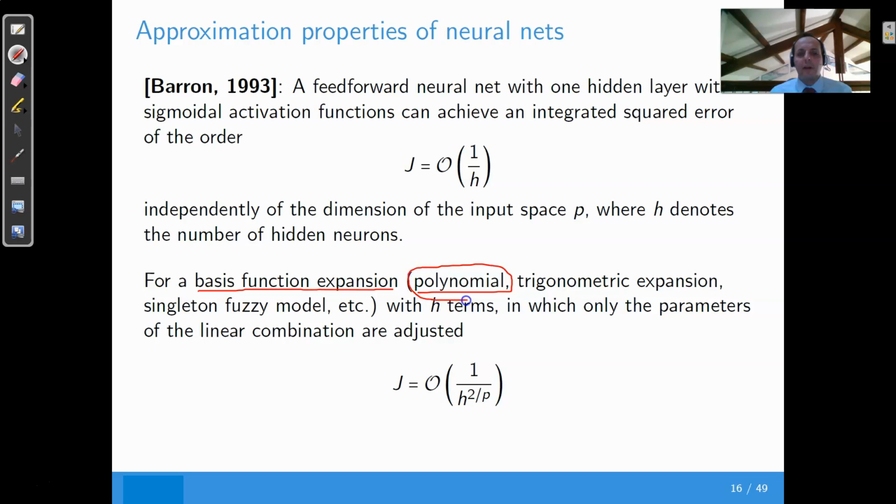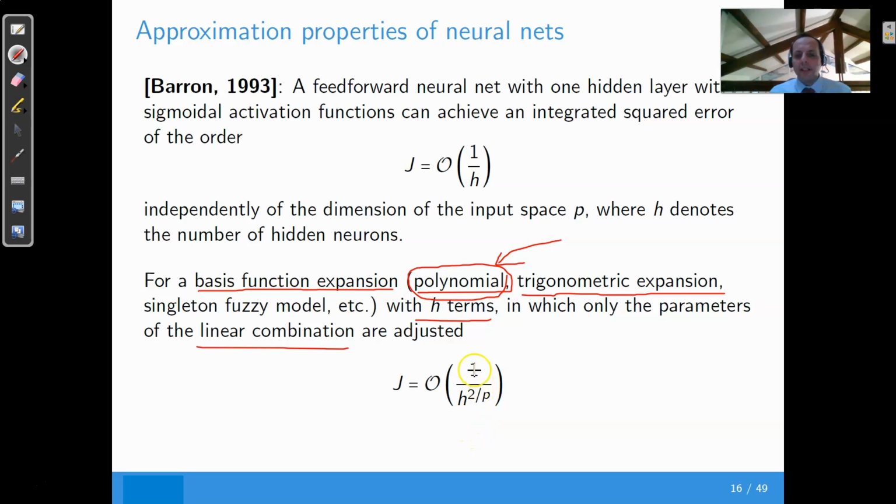If you are using a polynomial approximation, you can also consider a trigonometric expansion, but it is normally more common to find a polynomial approximation with h terms. And of course, the parameters are a linear combination.